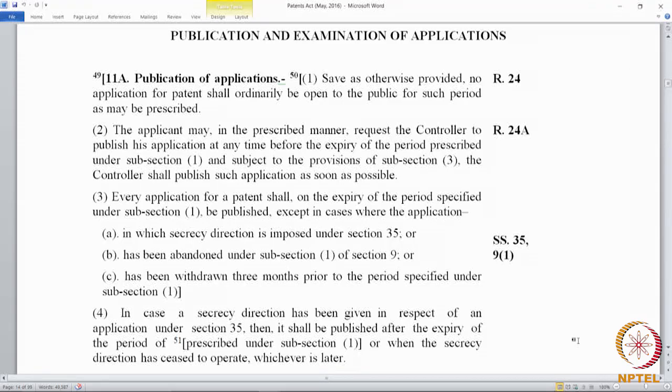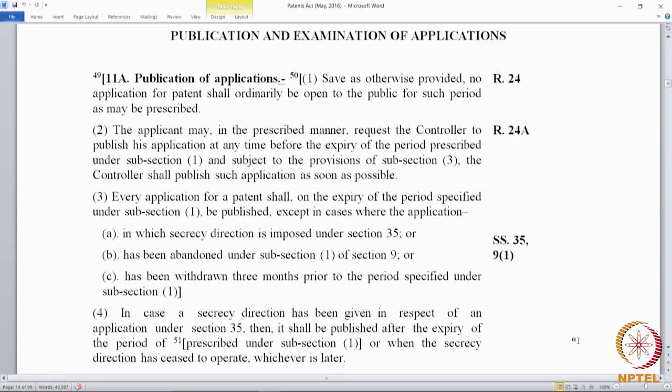So, if you take a request for publication, there is a provision by which you can expedite the publication without having to wait for the 18-month period. The wisdom behind the 18-month period is to ensure that you get enough time if you are interested in filing applications in other jurisdictions.